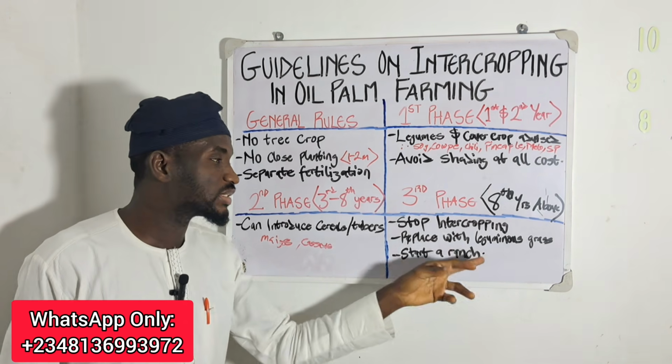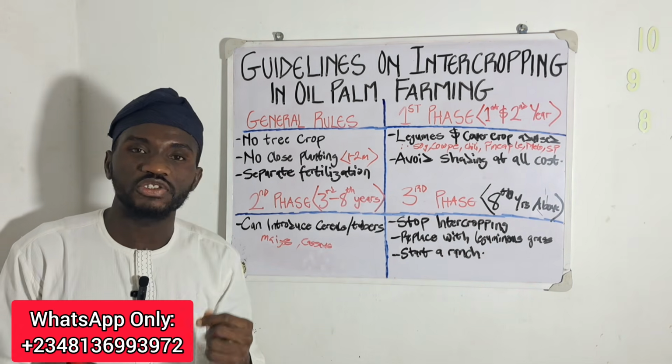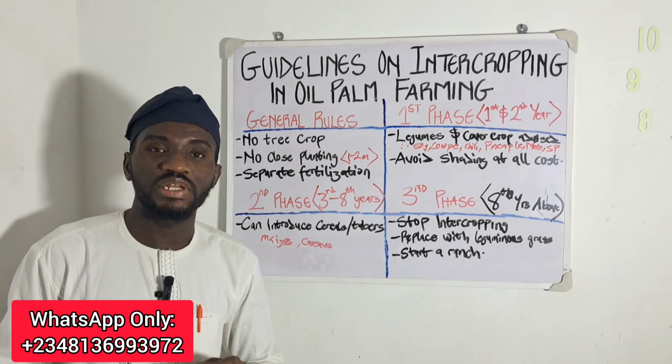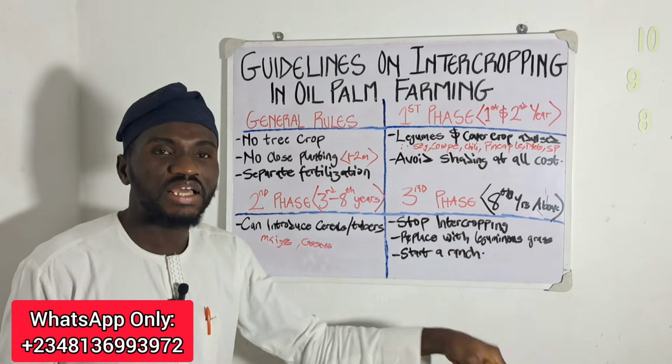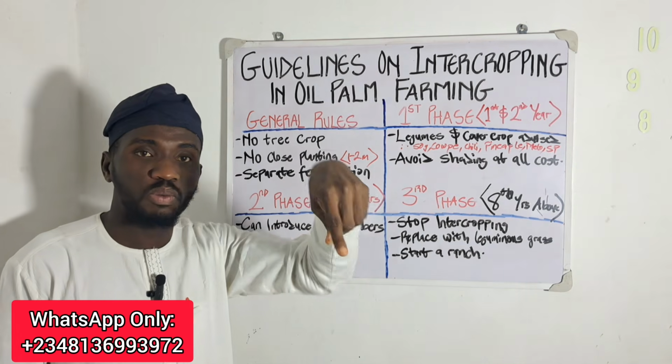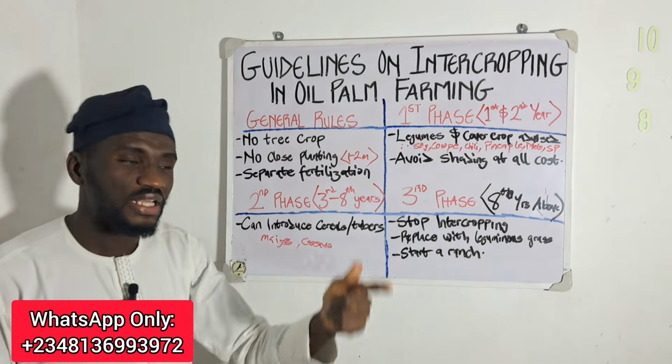Do you get it? And leguminous grass have one characteristic. They have nitrogen fixing ability. So they will also help you to fix nitrogen into your soil, which will serve the purpose of supplying your oil palm tree with nitrogen.